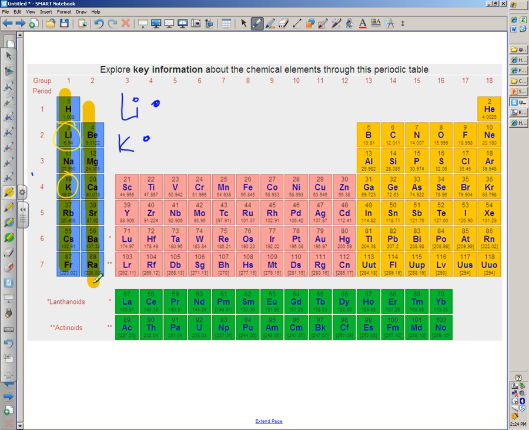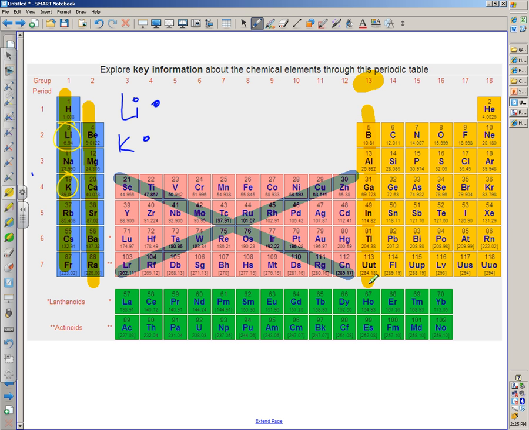Okay? Now, we're going to skip that section for now. Transition metals don't follow the pattern like all the other elements exactly. So we're going to skip over this for now and pick it up back over here at column or family or group 13. 1 valence electron in group 1, 2 valence electrons in group 2. How many valence electrons in group 13? 3.